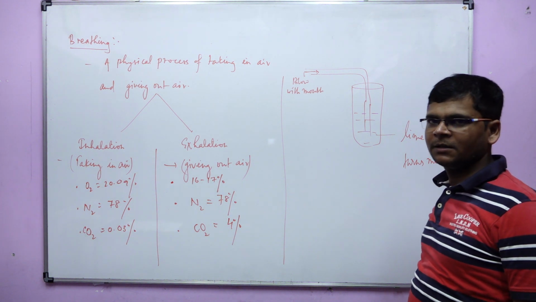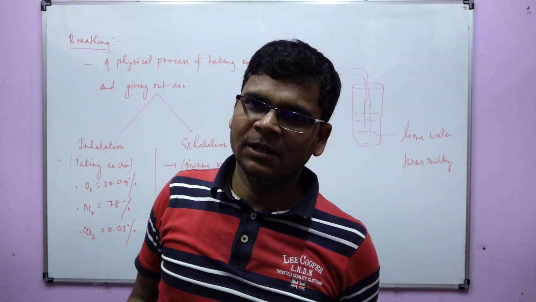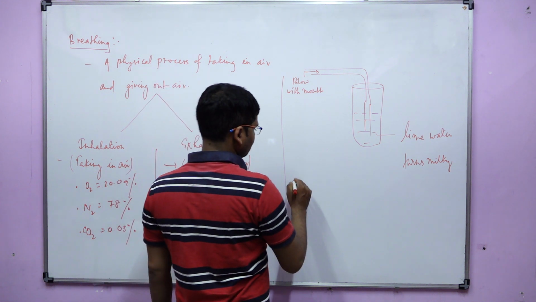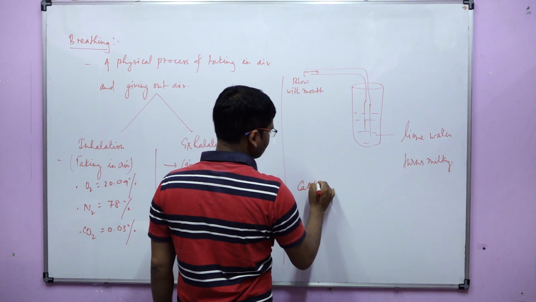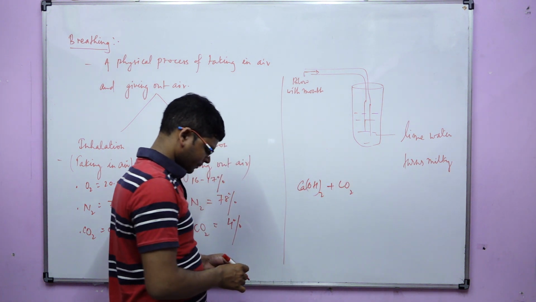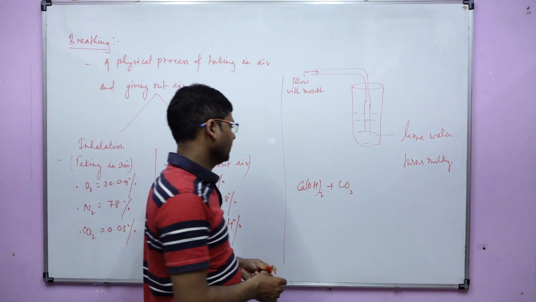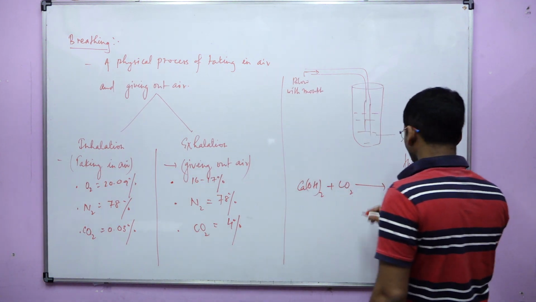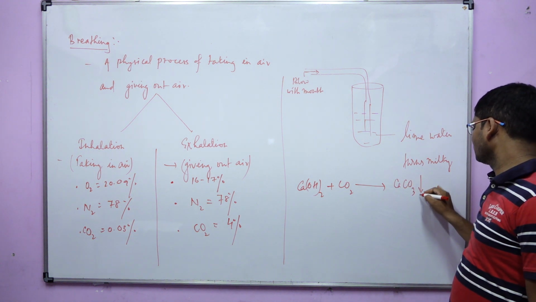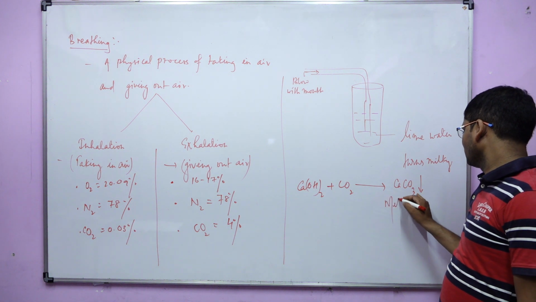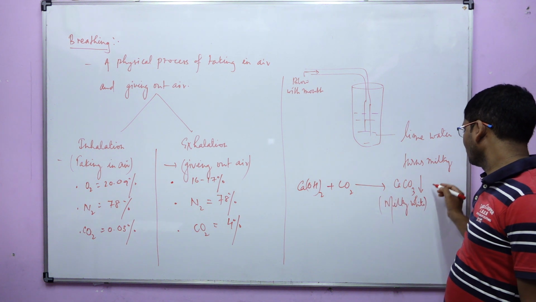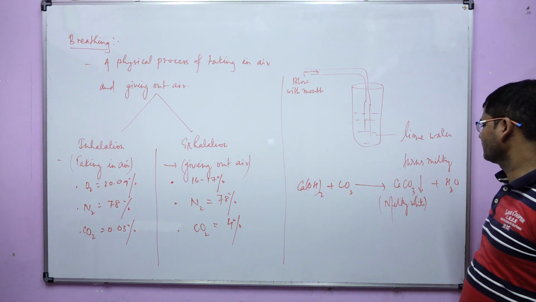Why does it turn milky? If you would like to understand the chemical aspect, just see. Lime water contains calcium hydroxide, and when you blow carbon dioxide into it, we get a product, calcium carbonate, a precipitate which is seen as milky white, and we get water.